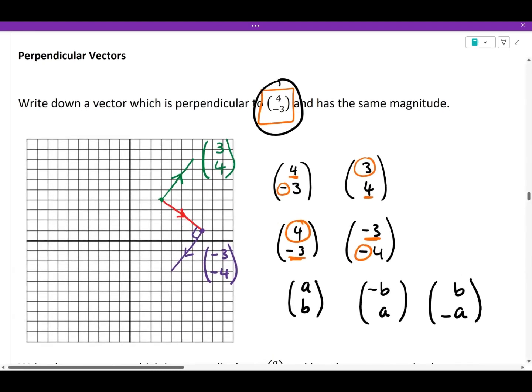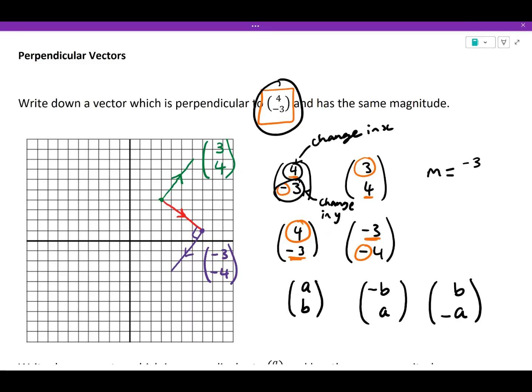Now, why does this work? Well, it all links to gradient. This here is our change in x, and then our vertical component is our change in y. Now, if I was to write out my gradient m, it would be my change in y, which is -3, divided by my change in x, which is 4.